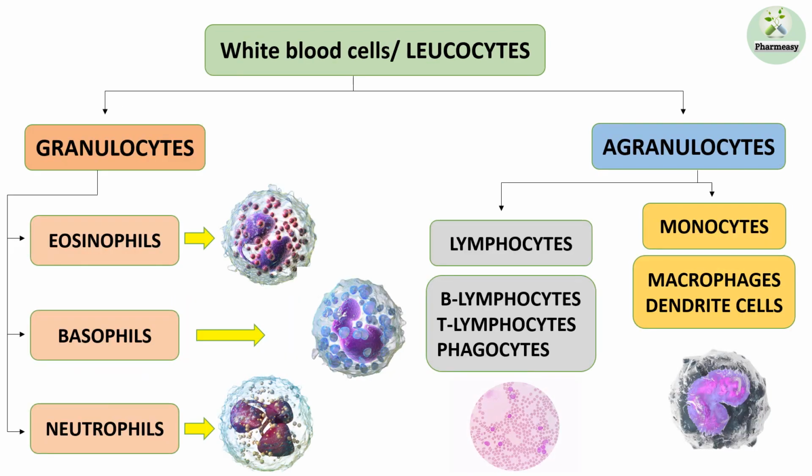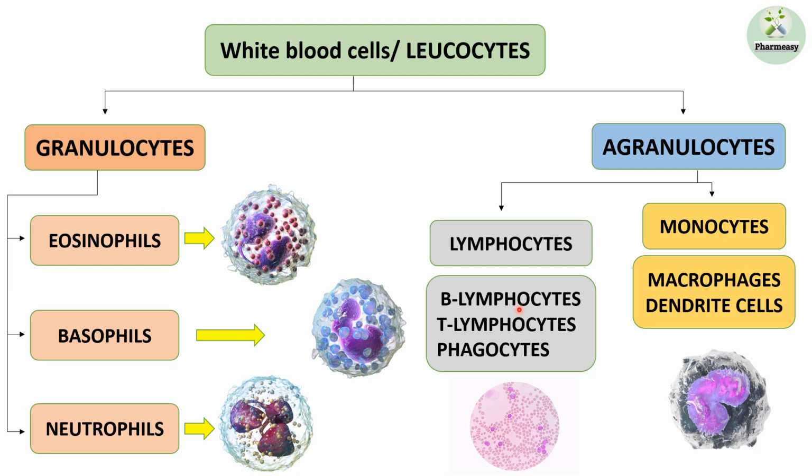Now, this is a division of white blood cells. These are also known as leukocytes. These white blood cells can be divided into two categories, that is granulocytes and agranulocytes. Granulocyte is further divided into three categories, that is eosinophils, basophils, neutrophils.